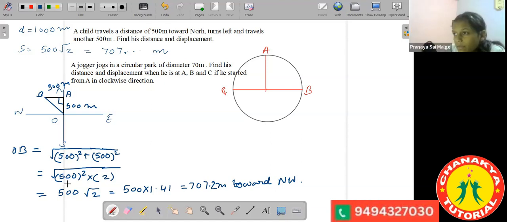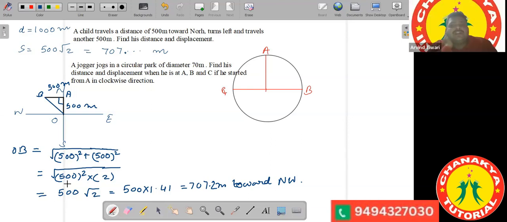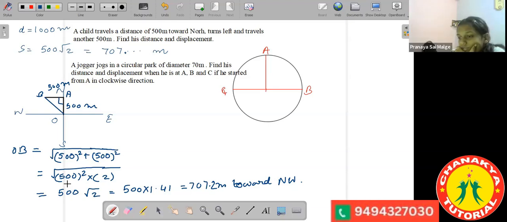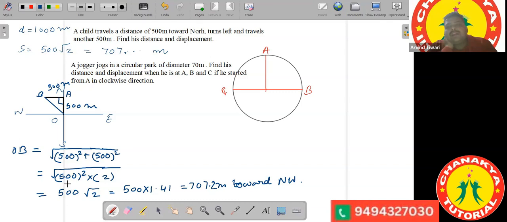Distance and displacement between which points? See, the starting point is given. Yes, sir. Given the starting point A, and it moves in the clockwise direction. So what is the clockwise direction here?